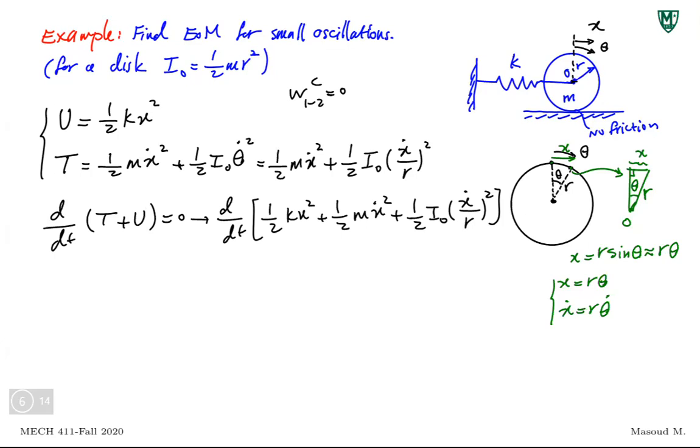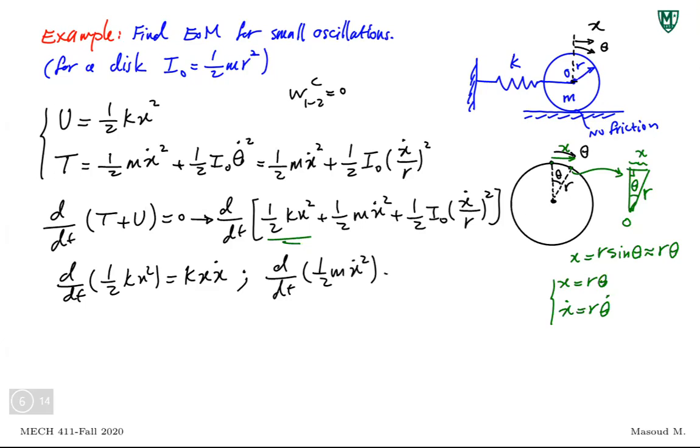If you take the derivative, let's just start from the first one. We did that before. We know that d/dt of 1 over 2 k x squared becomes, well, I have to remember to keep k there, k x x dot. The second term, we also did that before: d/dt of 1 over 2 m x dot squared becomes m x dot x double dot.